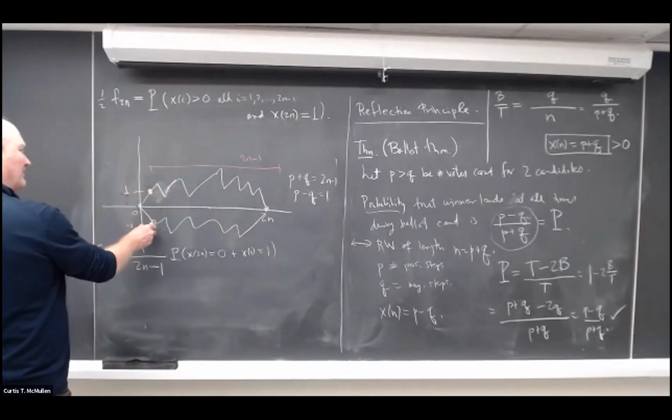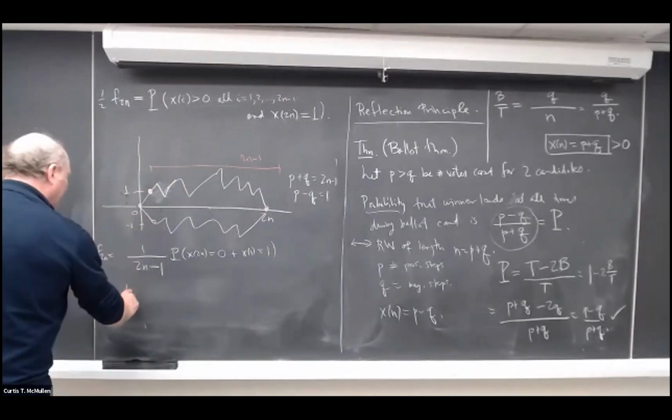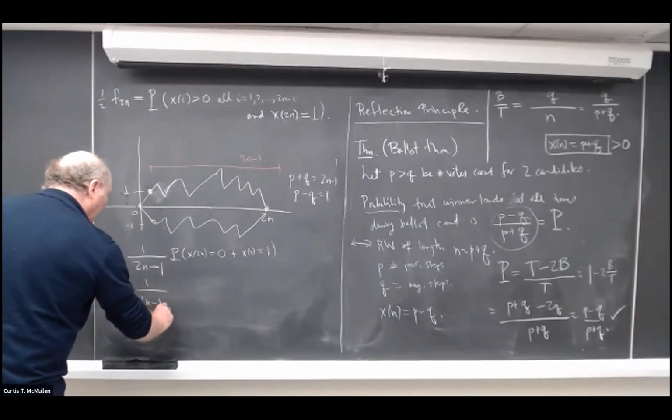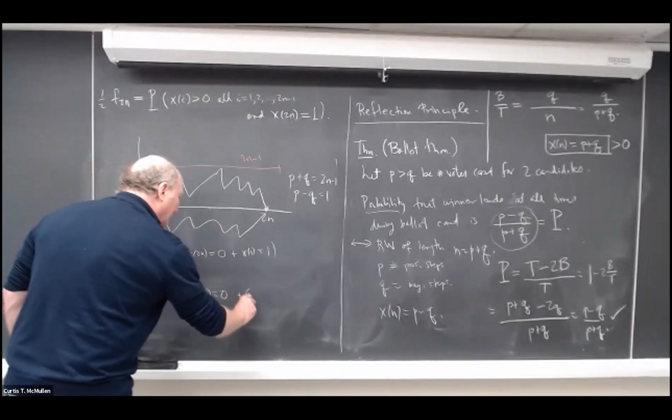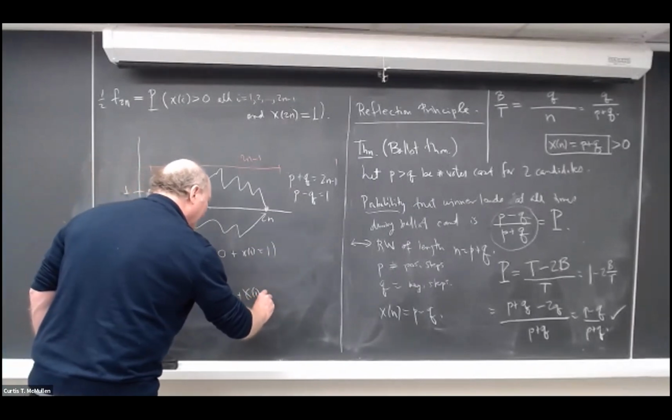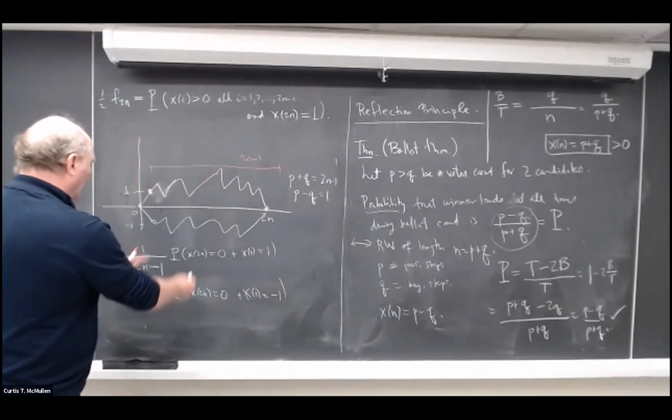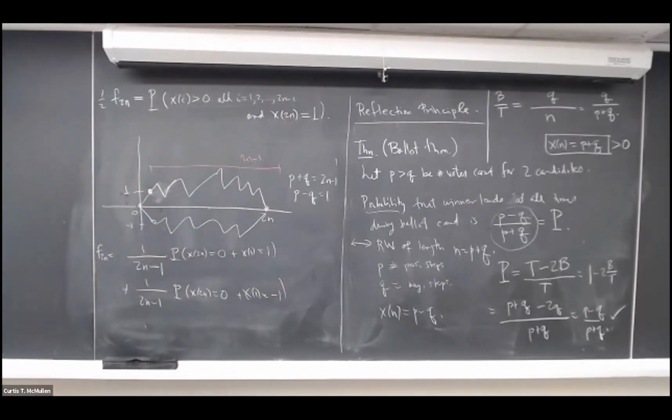And now the same argument applies for the negative paths. So it's also plus 1 over 2n minus 1 times the probability that x_2n is 0 and x of 1 is minus 1. And of course, these two things just add up to the probability that x_2n is equal to 0.